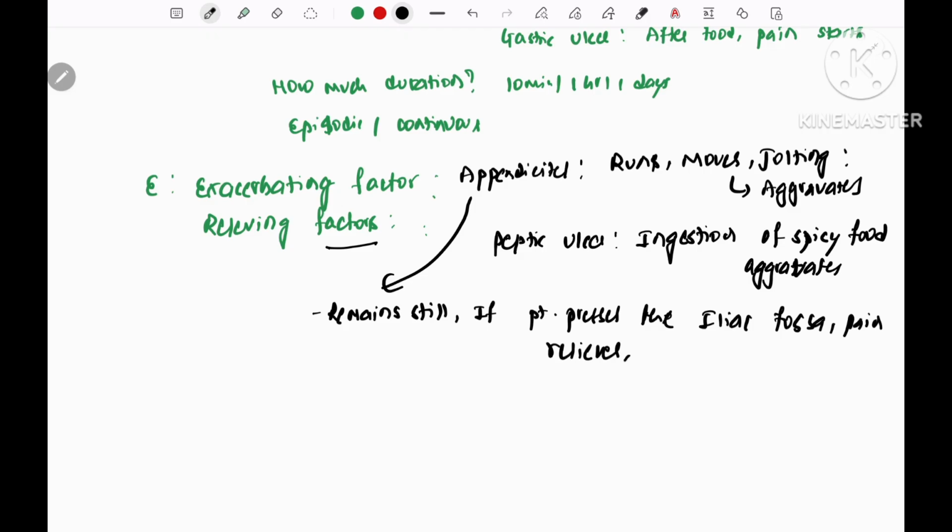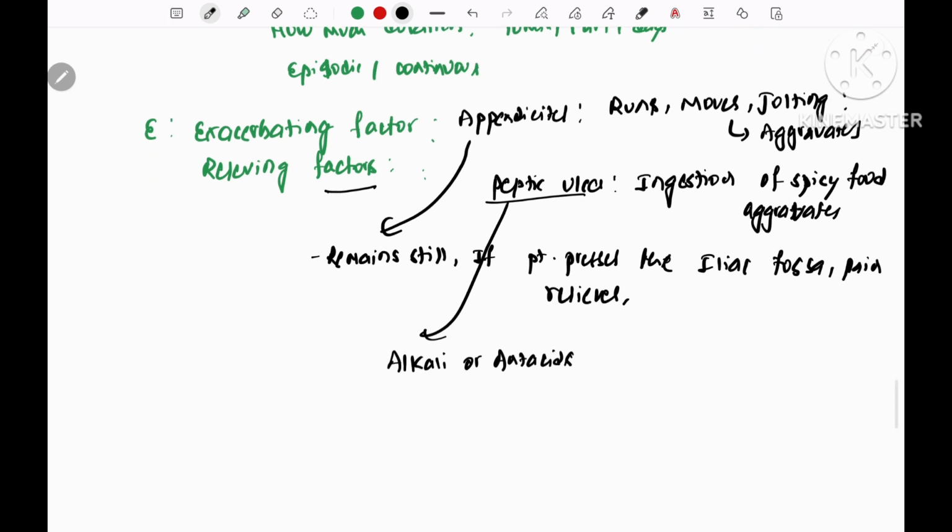But as soon as the patient removes his hand from the iliac fossa, again there is the sharp pain. So we have to also remember that point. And in case of relieving factors in peptic ulcer, if the patient is having any alkali or antacids, then this pain gets removed.